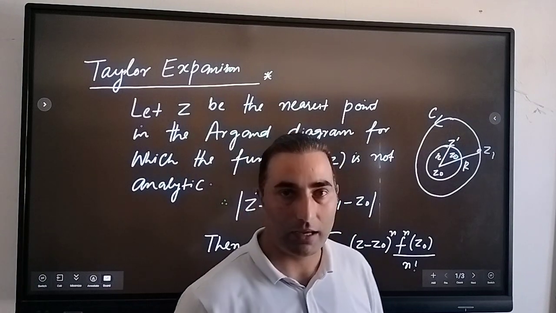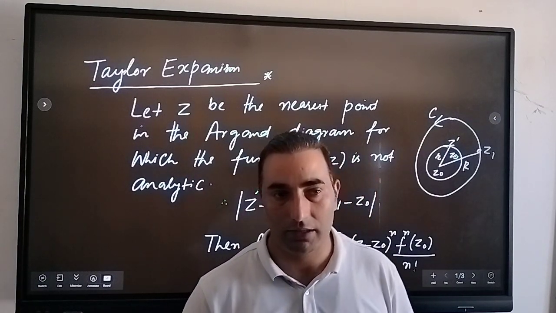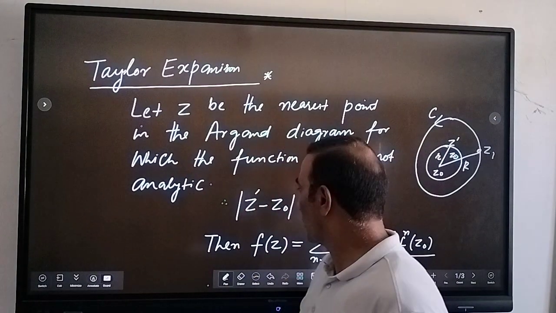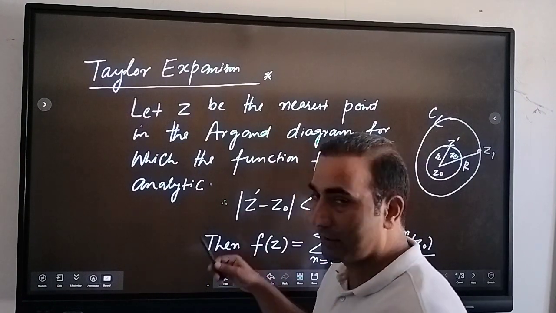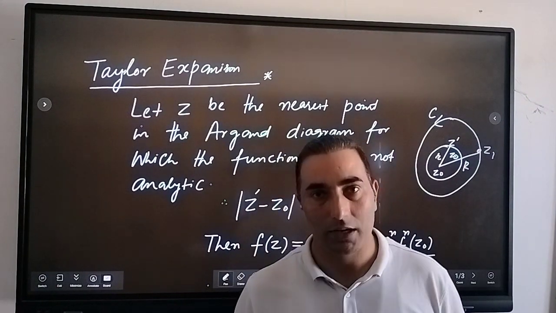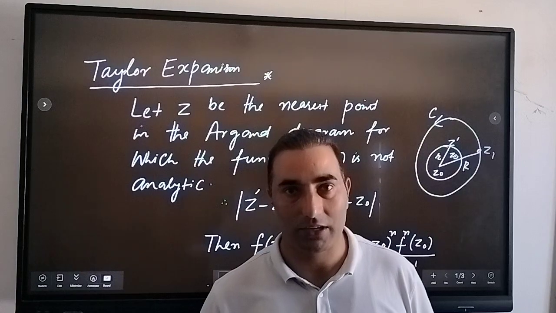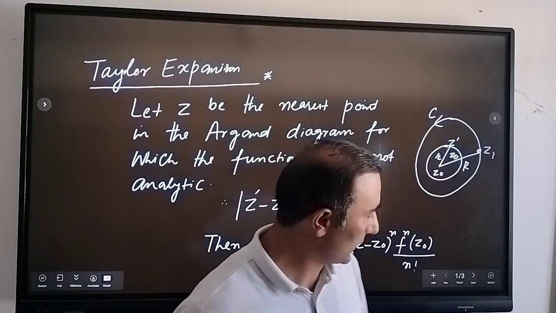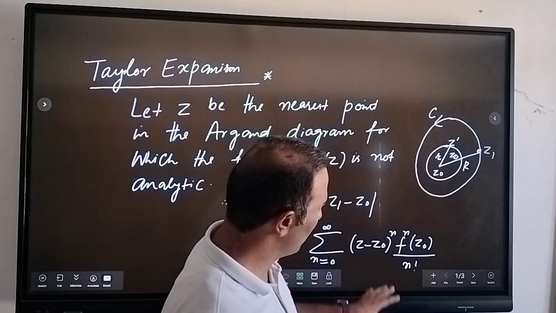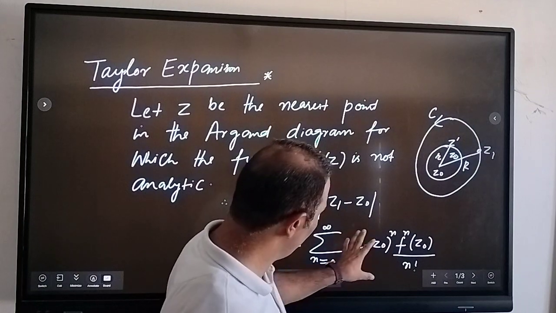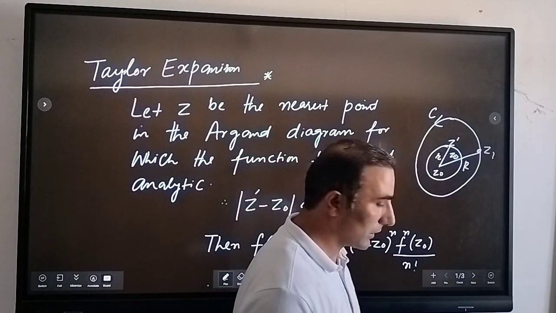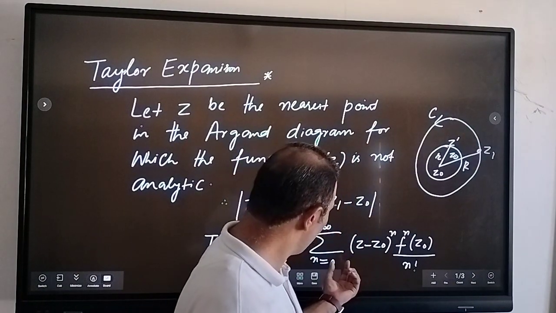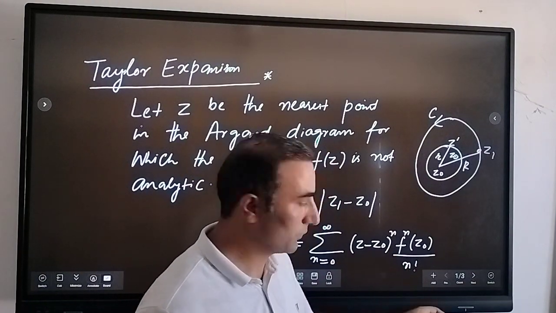Then again, if you remember, with the help of the Cauchy integral formula, we can write f of z as 1 by 2 pi i, the integral of f of z dz divided by z minus z naught raised to n plus 1, right? After doing all these derivations, you can prove that f of z will be equal to this, putting different values of n from 0 to infinity.